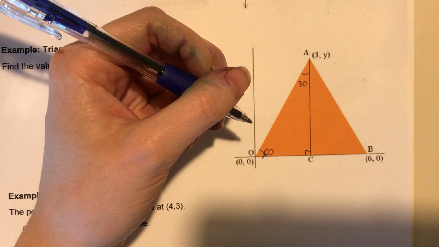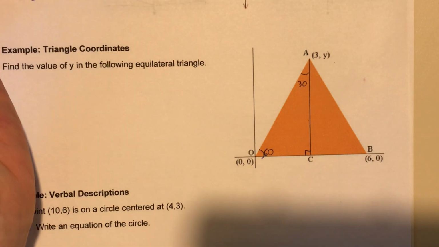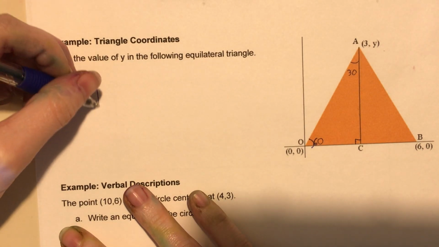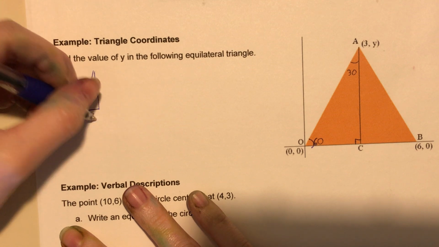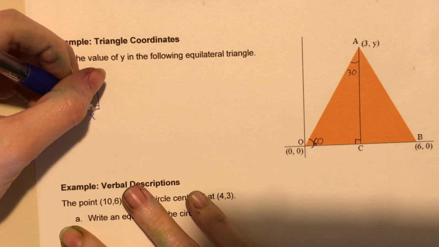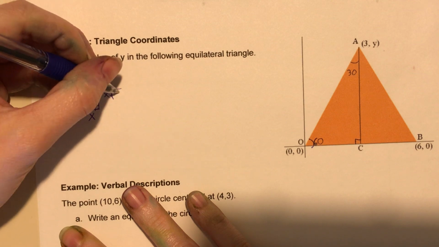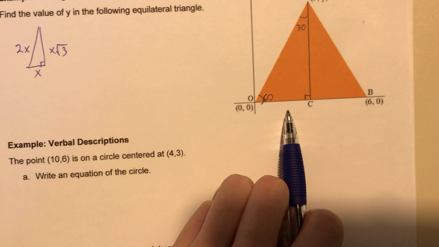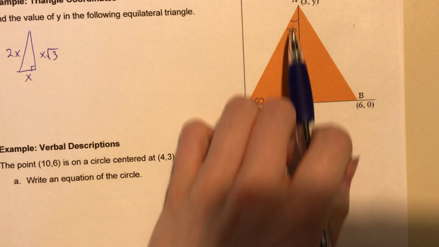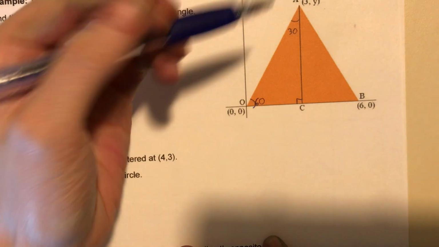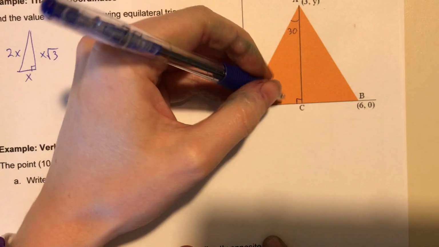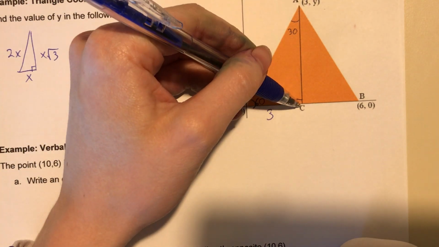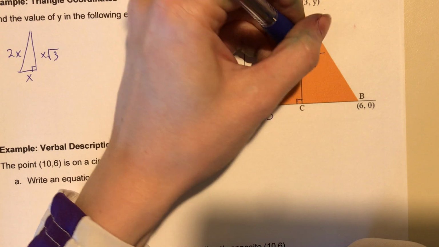We know from way back when that 30, 60, 90 triangles have a particular ratio pattern to them, right? We have x, 2x on the hypotenuse, and x root 3 on the other leg. So we can figure that out here. If this is 0 to 6 and C is on the same line as A here, which means AC is 3, then this line right here is going to be 3 root 3.